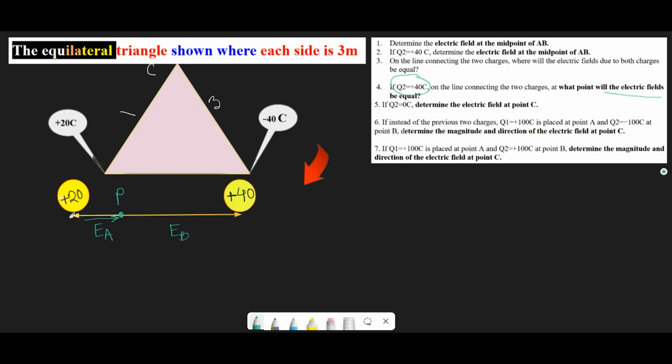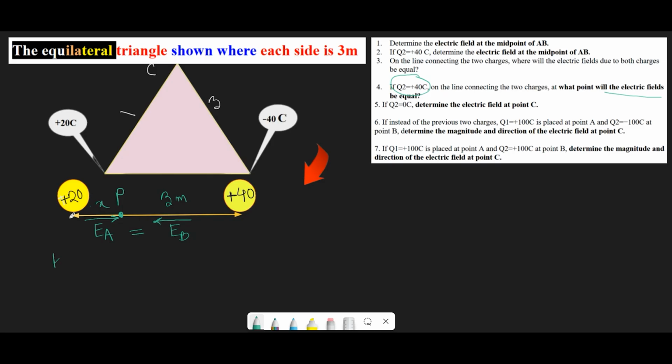As the charge at P is positive, and this is positive, they repel each other. As P is closer to the smaller charge, the electric field will be in this direction. As 40 is larger compared to P point positive 1 coulomb, this electric field will be in this direction. It means they are opposite to each other. In that case, the total distance is obviously 3 meter, need to remember. So this is, let's say, x from A. Now EA is EB at P point, right?